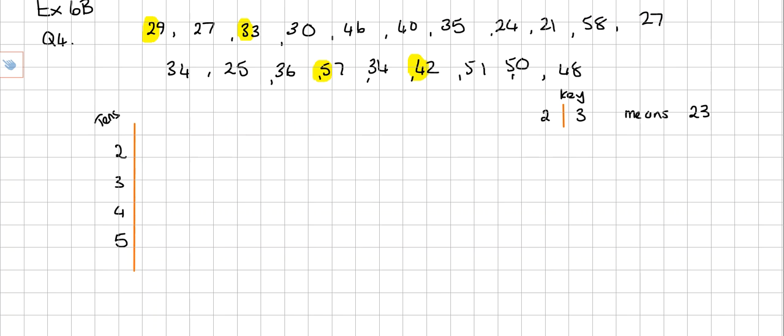So for instance, let's go through these. So 29 goes in and becomes 29. So I've done that one. Now 27 goes, not yet.